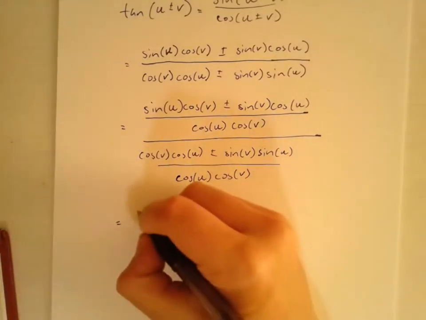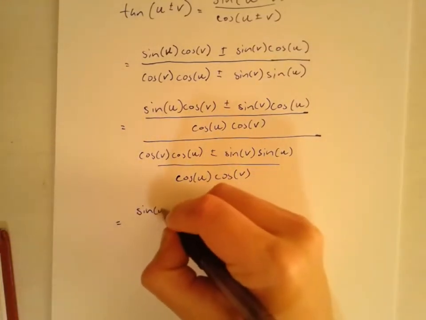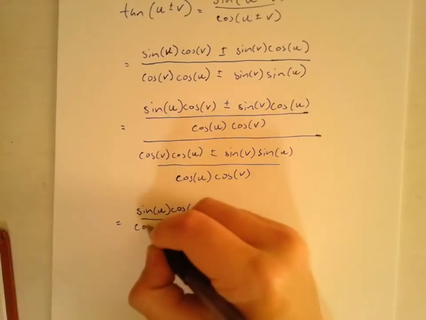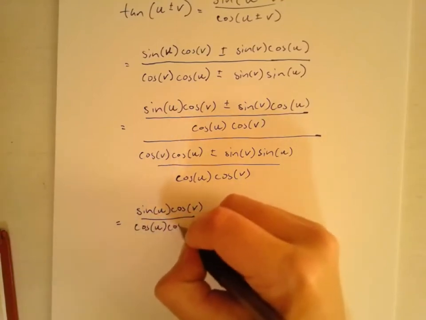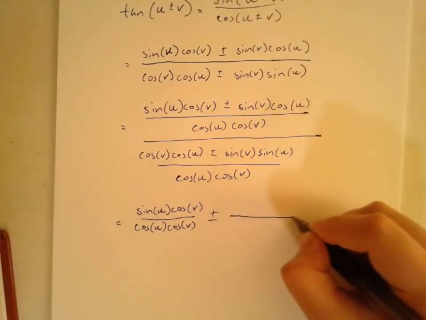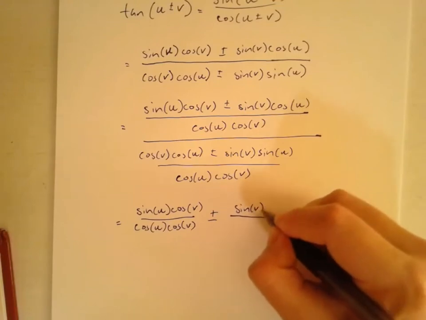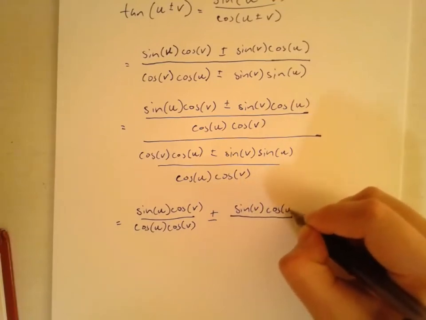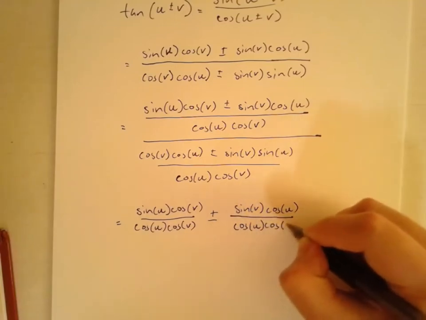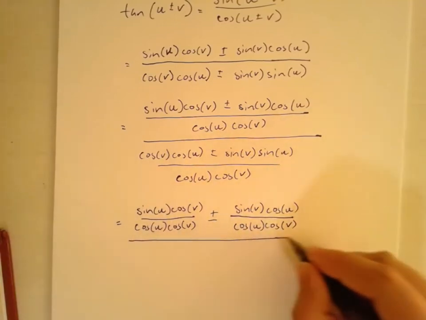So the next thing I can write is my first numerator over cosine u cosine v, plus or minus in the middle, and do it again. Sine v cosine u. Right, just breaking up that top fraction.